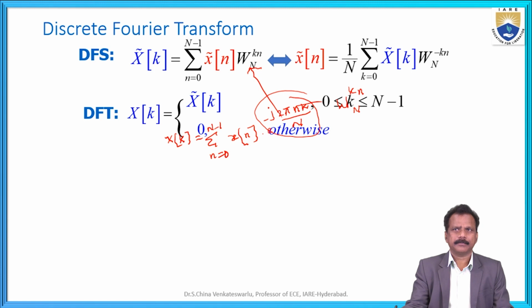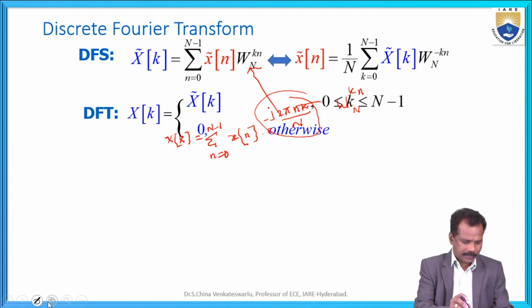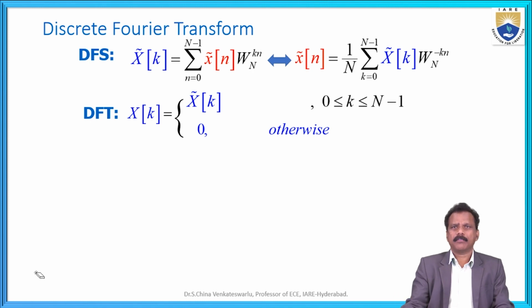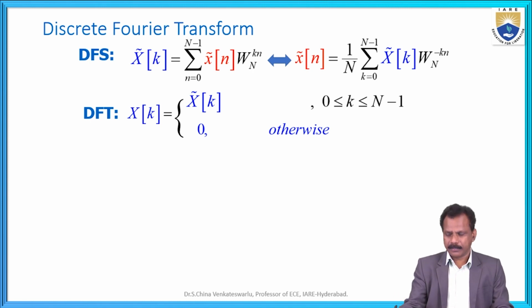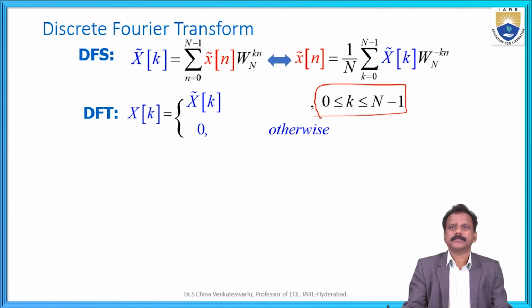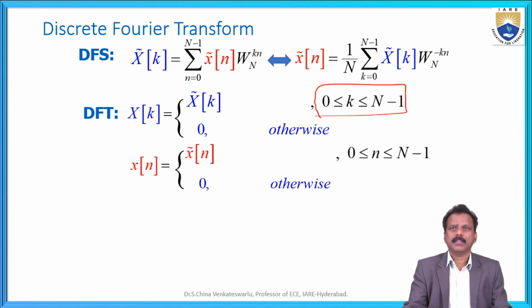With this, the DFT, the discrete Fourier transform, X(k) is equal to X̃(k) over the interval 0 less than or equal to k less than or equal to N minus 1, and 0 otherwise.